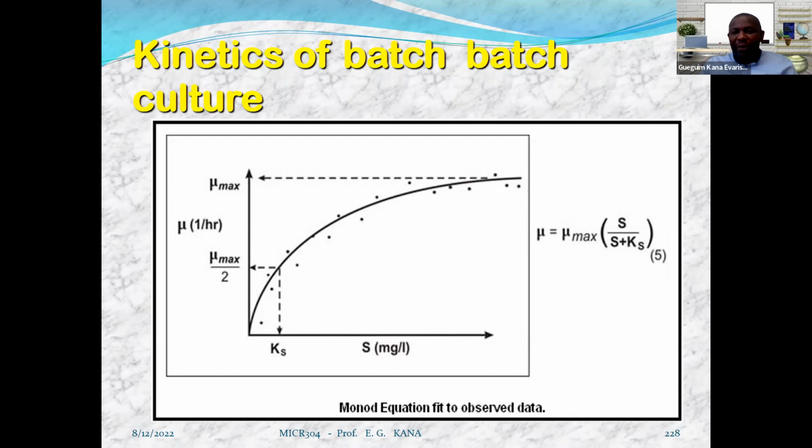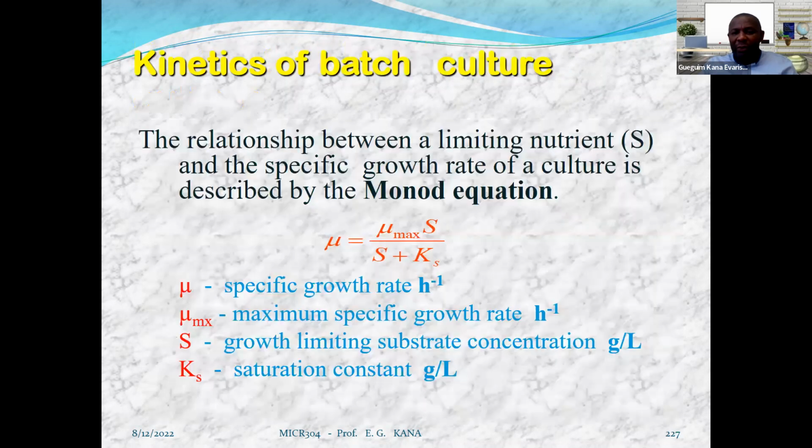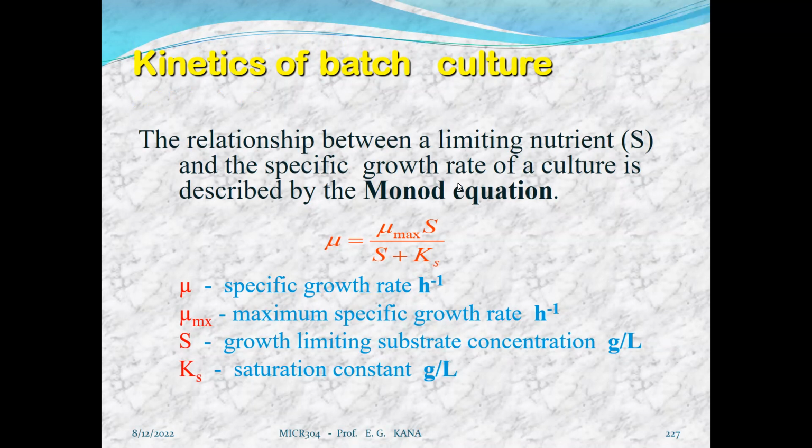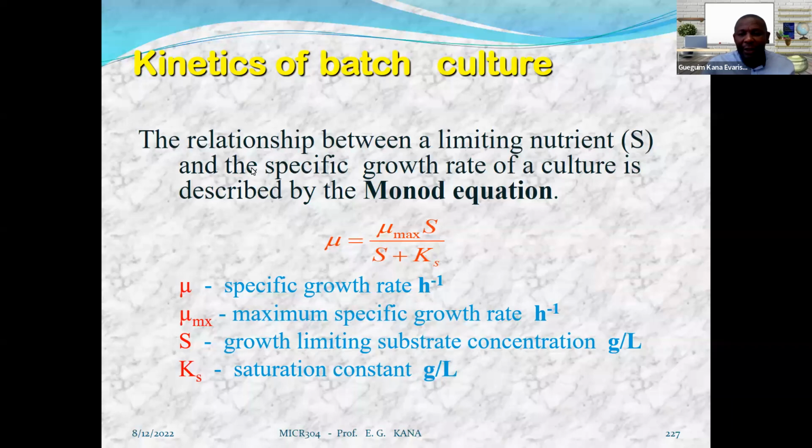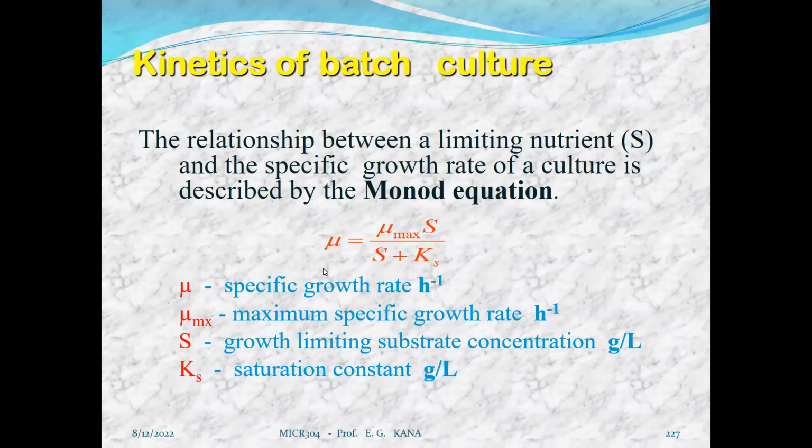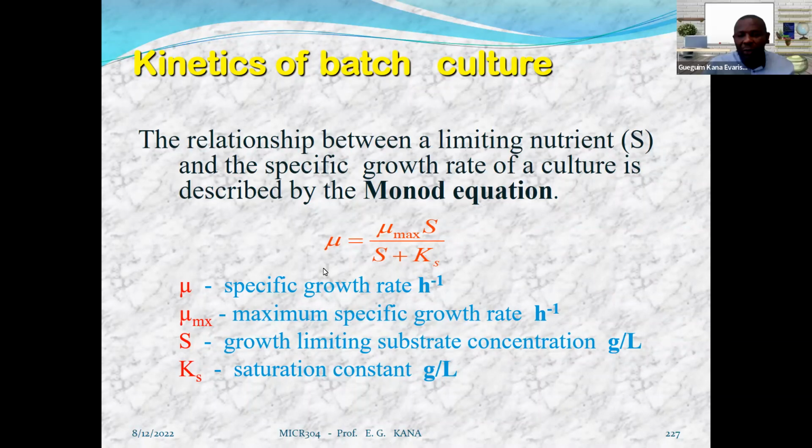In other words, the Monod equation can be used to explain the relationship between the limiting substrate concentration and the specific growth rate. Please highlight this section in your material or write it down, that the Monod equation can be used to describe the relationship between substrate concentration and specific growth rate.